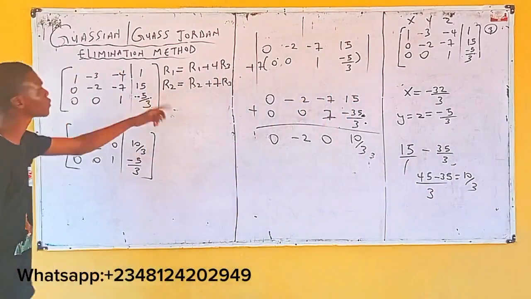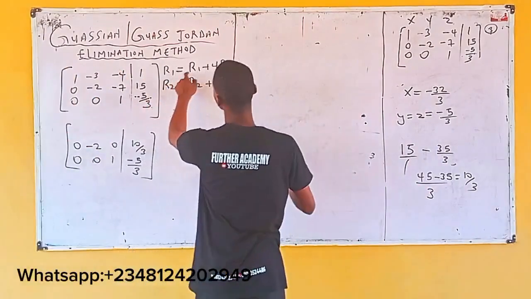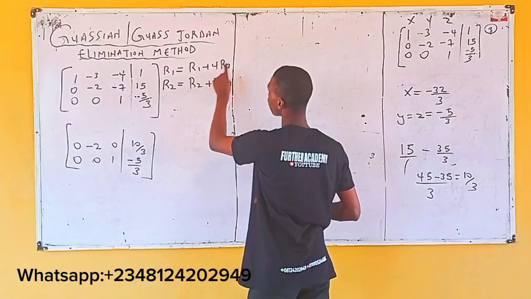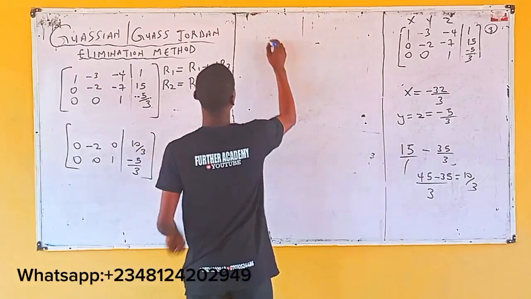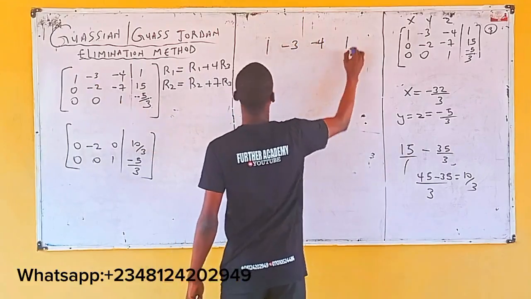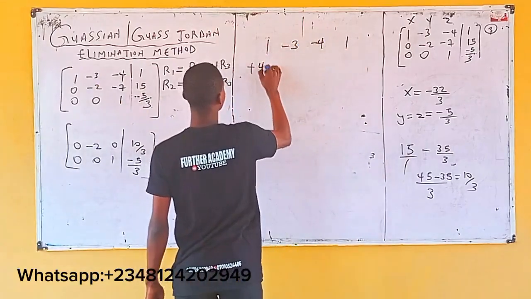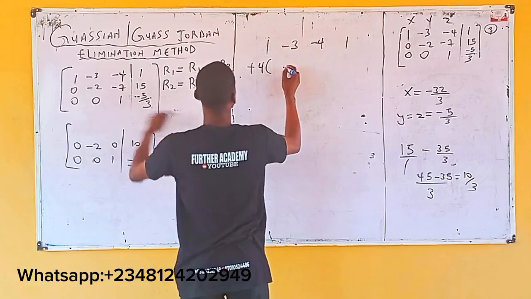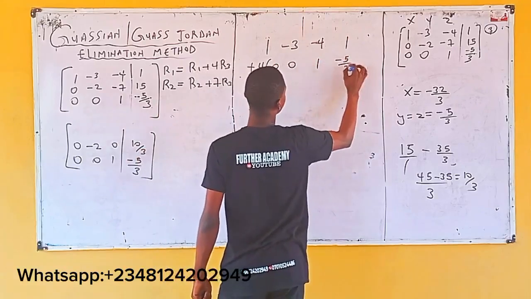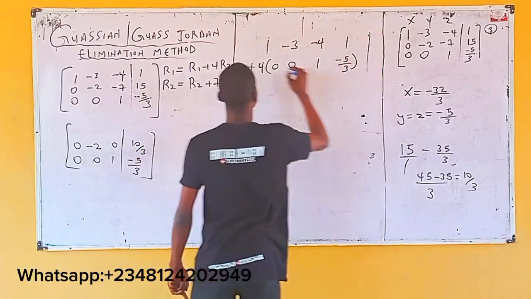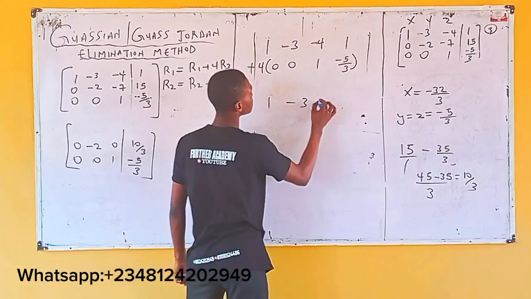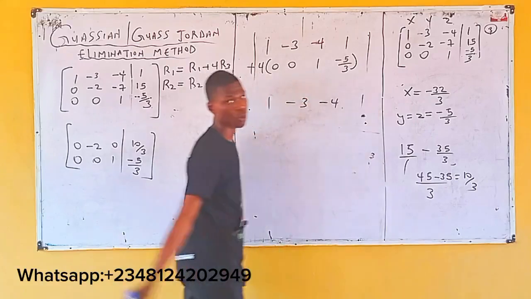Now from here, let's solve for row 1. What is row 1? We said my new row 1 is equal to row 1 plus 4 row 3. And this is my row 1, right? 1, negative 3, negative 4, 1, plus 4, all into bracket, row 3, which is 0, 0, 1, negative 5 over 3. Alright, let's solve this. What do you have? 1, negative 3, negative 4, 1.